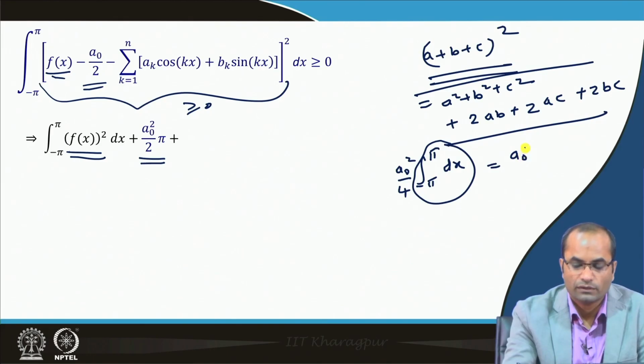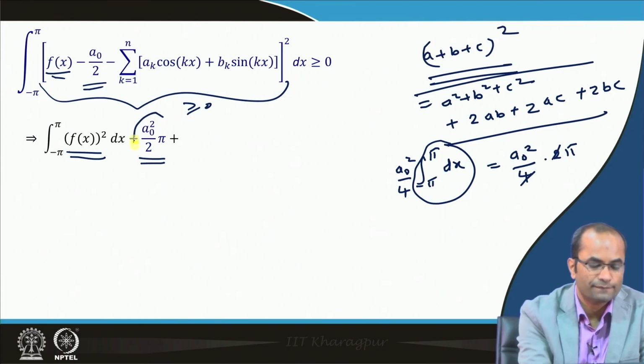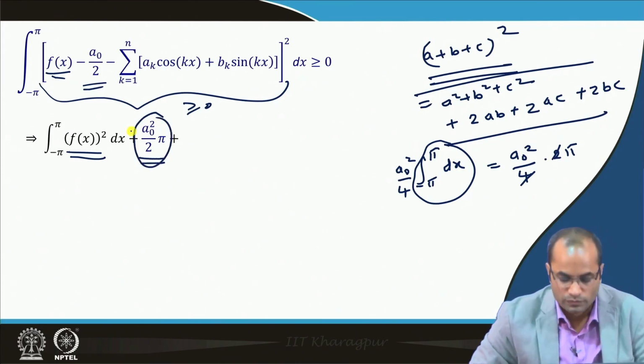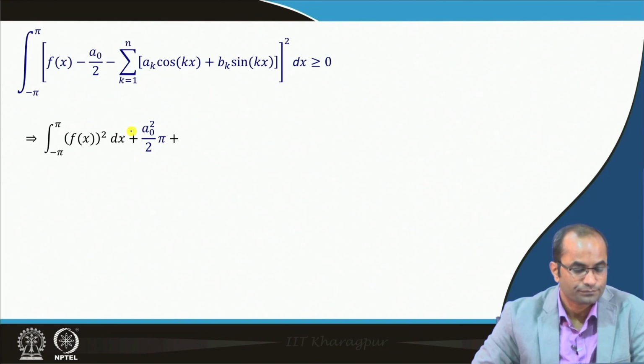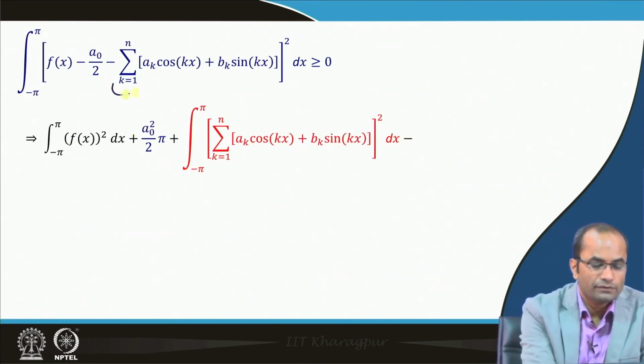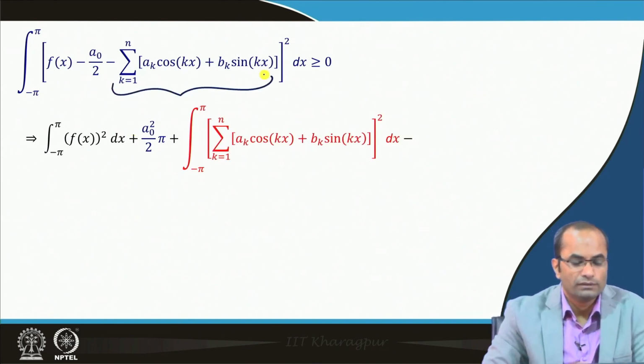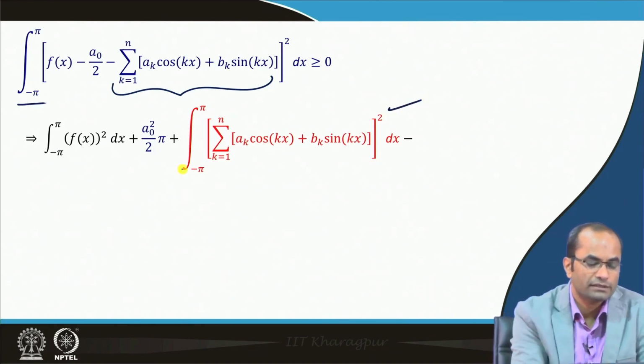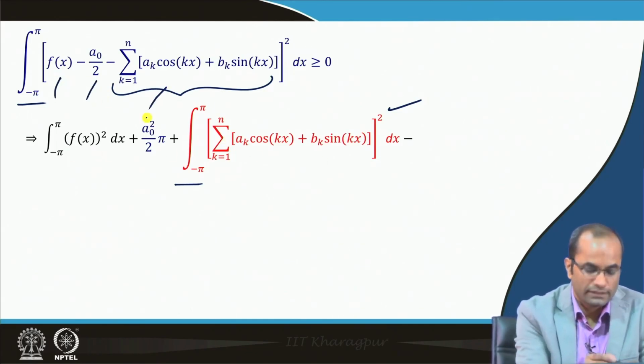So, this is a naught square by 4 times 2 pi, and as a result we are getting a naught square by 2 into pi. Then we have the whole square of the third term, and the integral from minus pi to pi. So, these are the 3 terms with the squares.